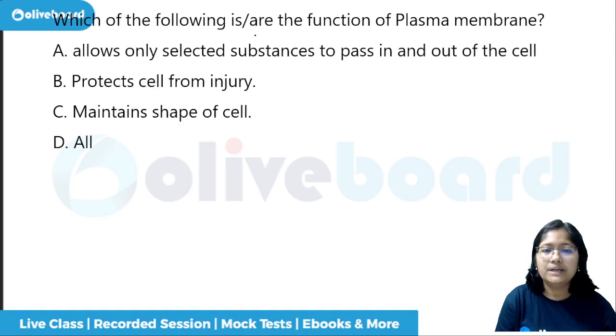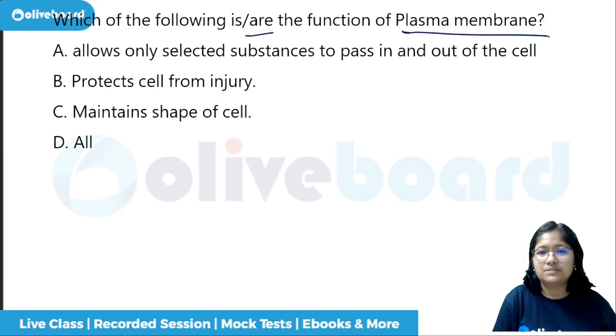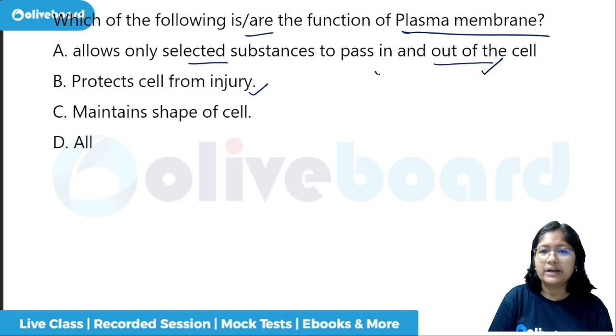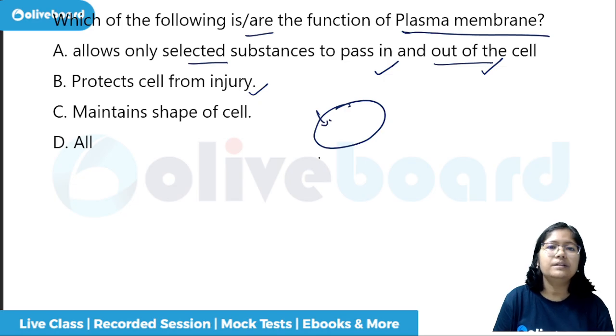Which of the following are the functions of the plasma membrane? Plasma membrane is a selectively permeable, semi-permeable membrane. It allows only selected substances to pass in and out. Correct? It also protects cells from injury. If the plasma membrane is correct, it will also prevent foreign bodies.